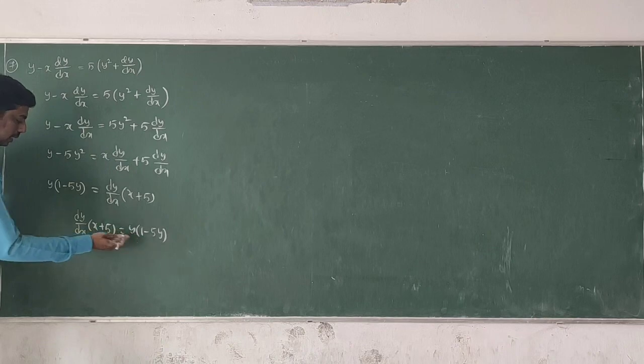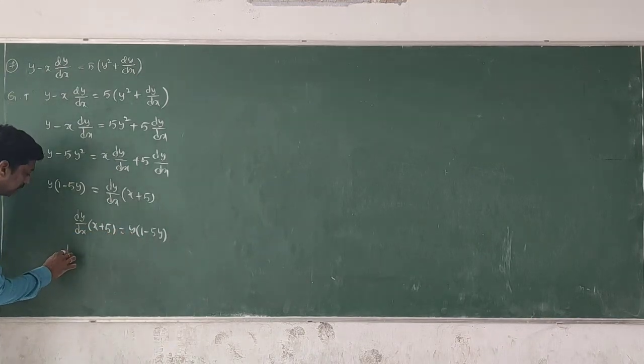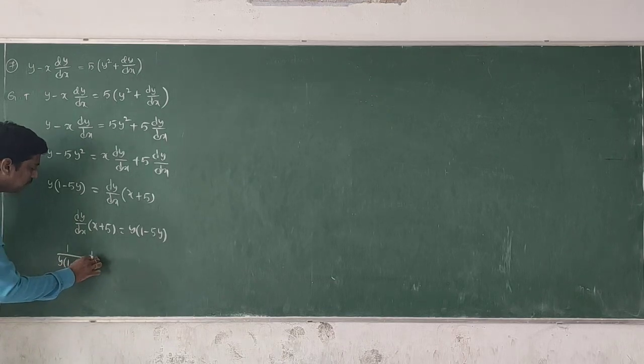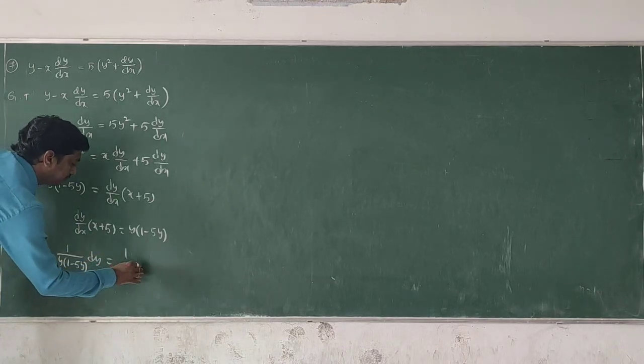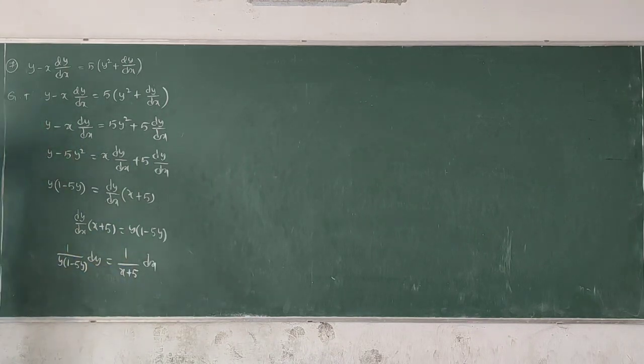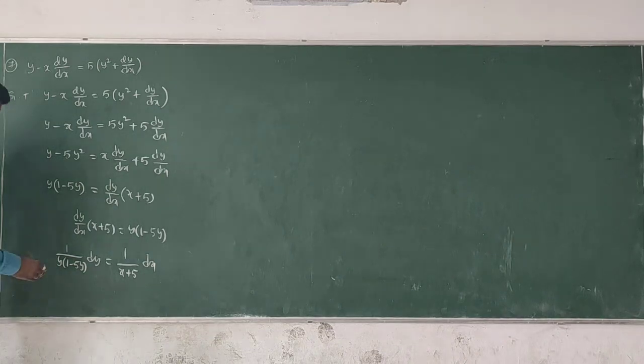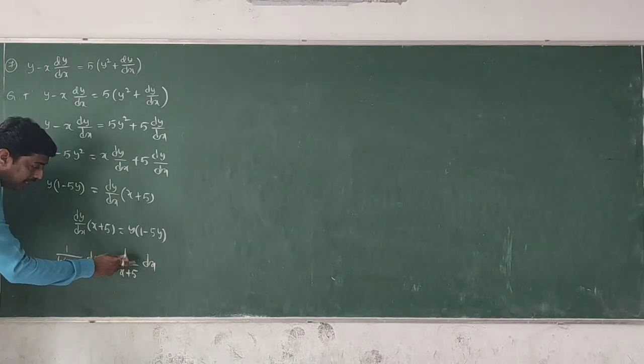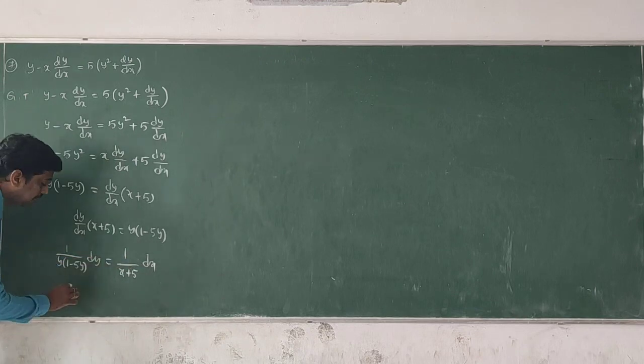Taking the product to the opposite side: 1 by y into 1 minus 5y into dy equals 1 by x plus 5 into dx. Now we have y terms with respect to y and x terms with respect to x. That's why take integration on both sides.